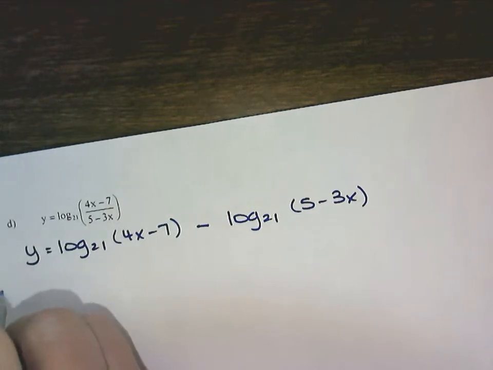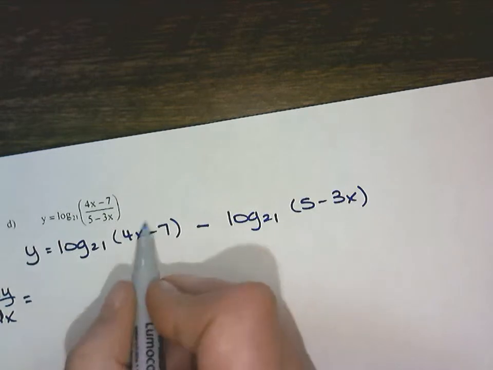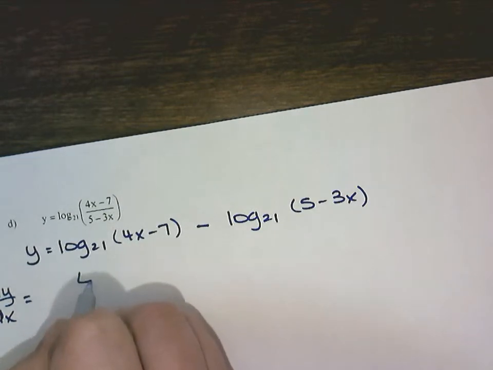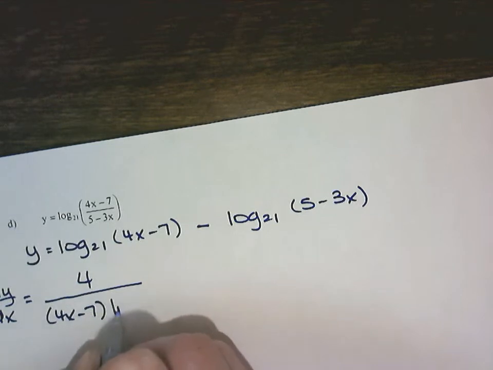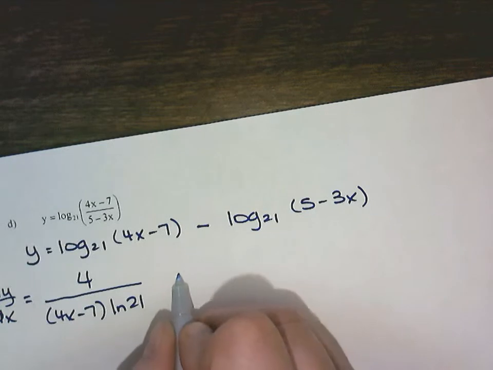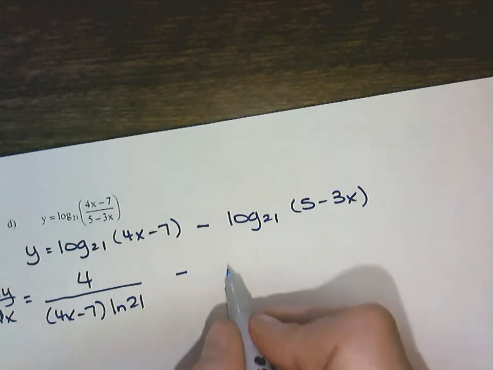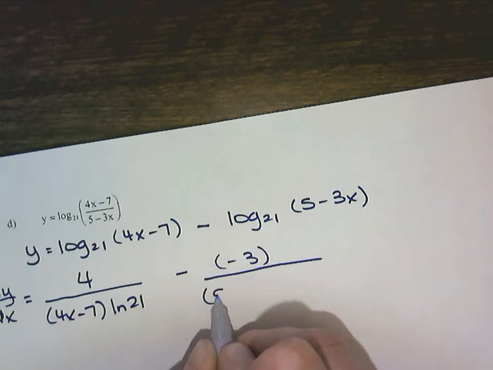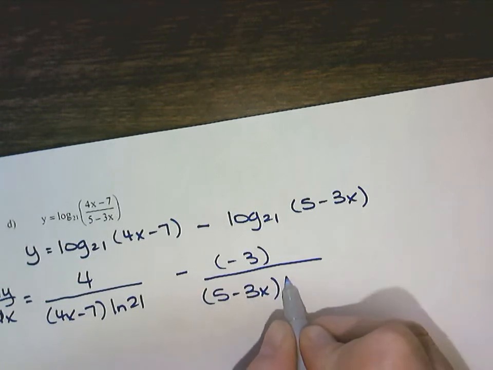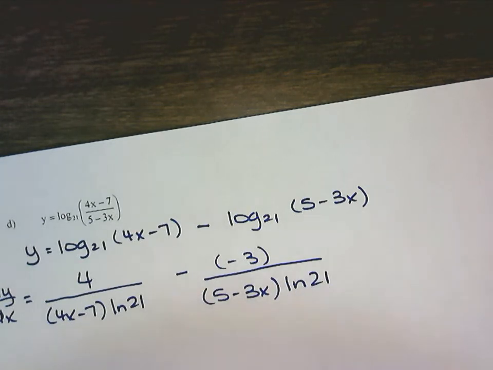So I can say the derivative dy by dx is equal to the derivative of this, which is 4, all over 4x minus 7 ln 21. And I'm going to subtract the derivative of this, which is minus 3, all over 5 minus 3x ln of 21.